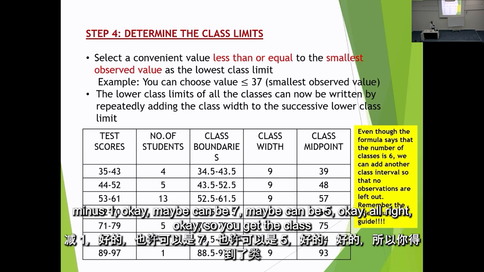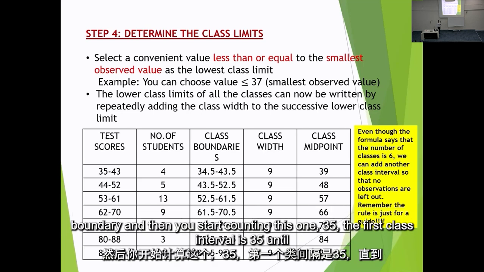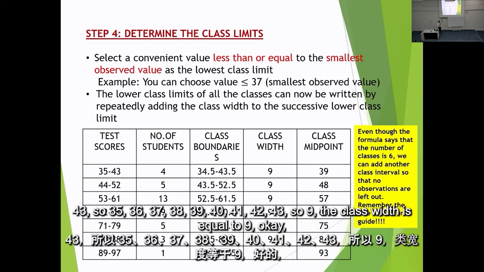Maybe it can be 7, maybe it can be 5. So you get the class boundary, and then you start counting from 35. The first class interval is 35 until 43. So 35, 36, 37, 38, 39, 40, 41, 42, 43. So 9. The class width is equal to 9.